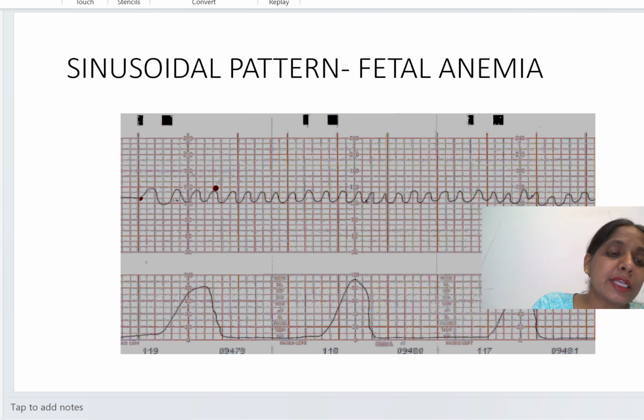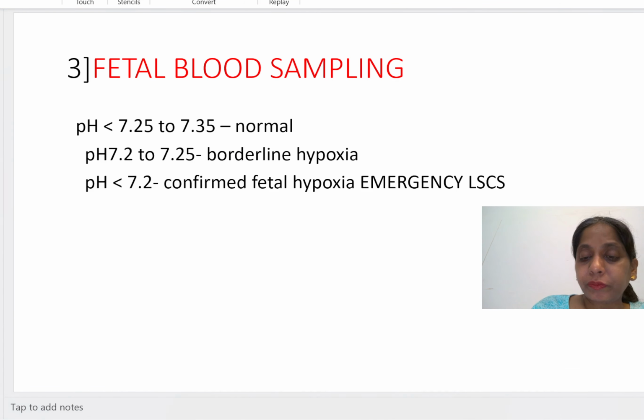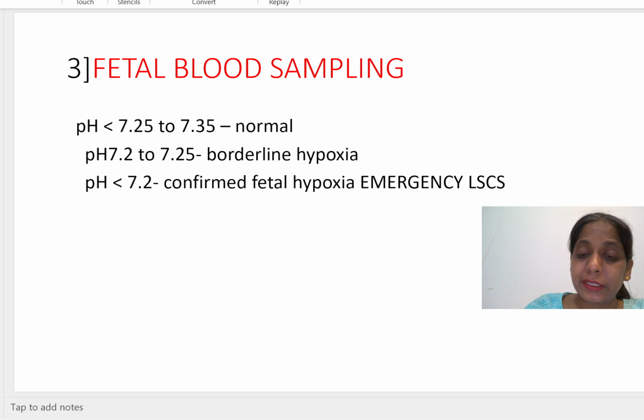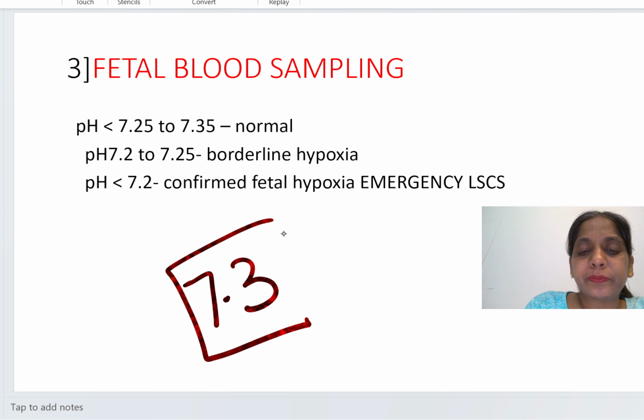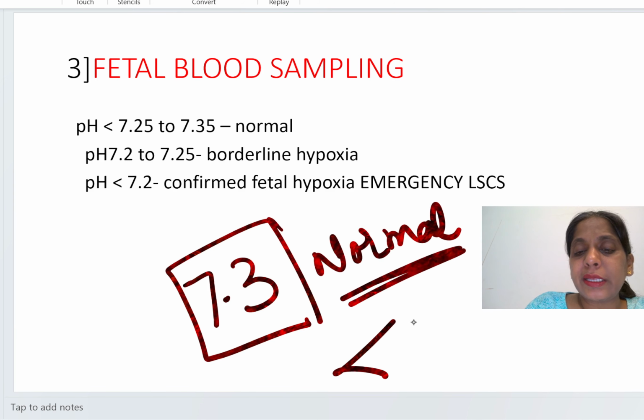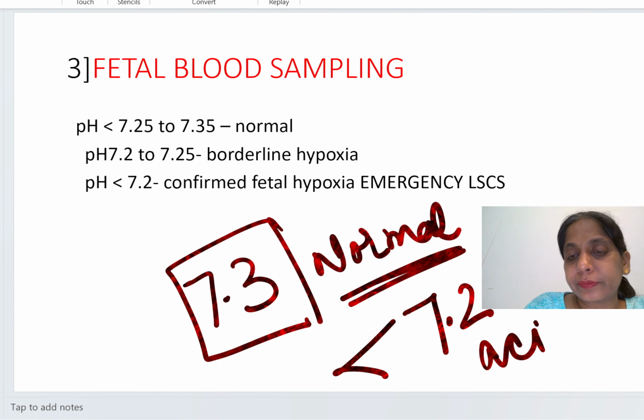Last but not the least, the third type is fetal blood sampling. This we rarely practice clinically. We have to sample the blood of the fetus while the fetus is in utero. It's very difficult. You just need to remember that normal pH is 7.3, and less than 7.2 is acidic.